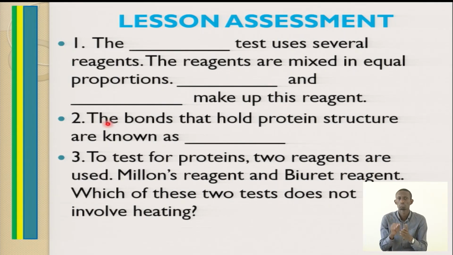Number 2, the bonds that hold protein structure are known as what? Number 3, for the 2 tests for proteins, 2 reagents are used, Millon's reagent and the Biuret test. Which of these two tests does not require heating?